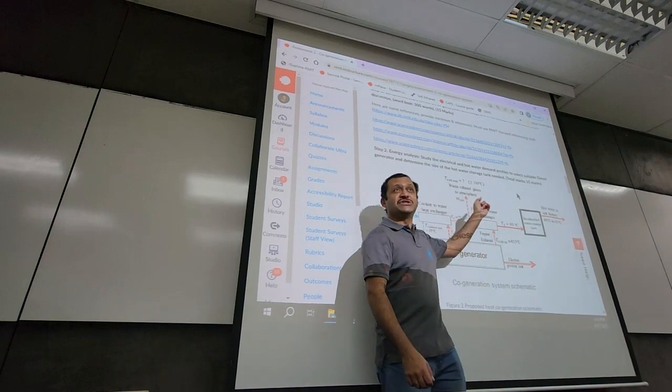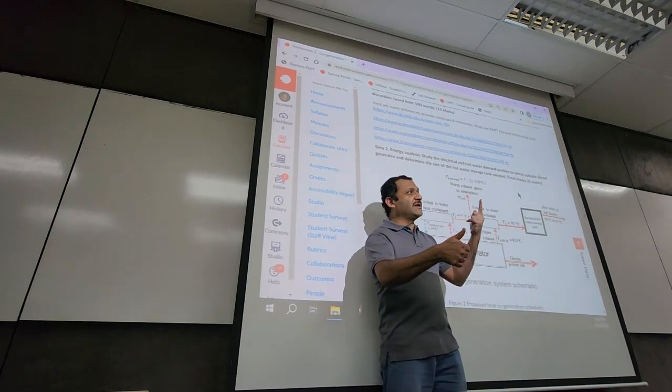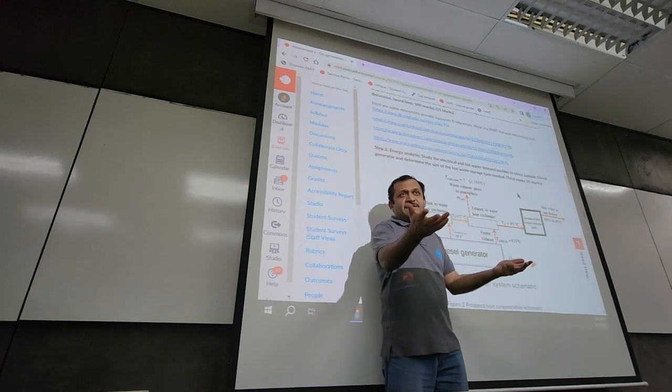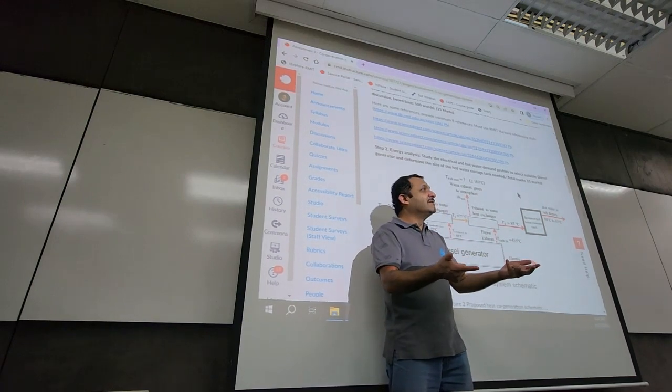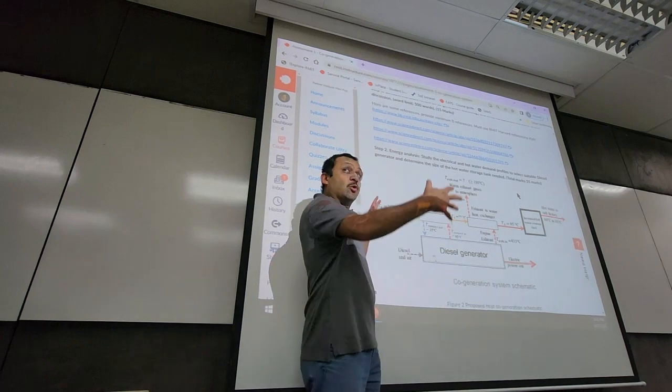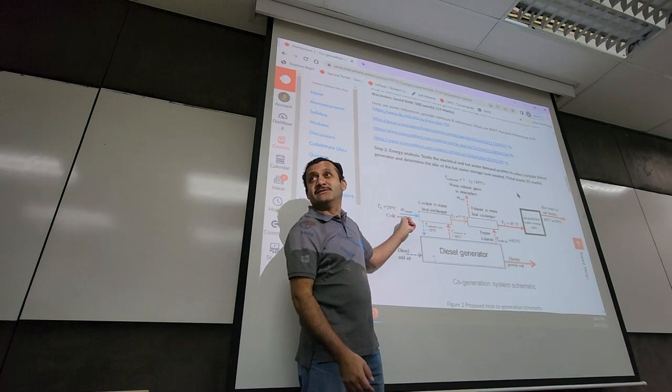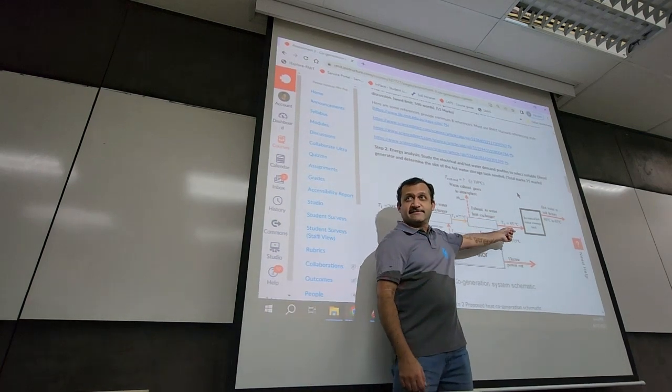So temperature change is known. You've got mass flow rate, temperature change, and what else you need? CP, specific heat capacity of water, right? So that will give you the total amount of thermal energy needed to heat your water from 20 to 85.